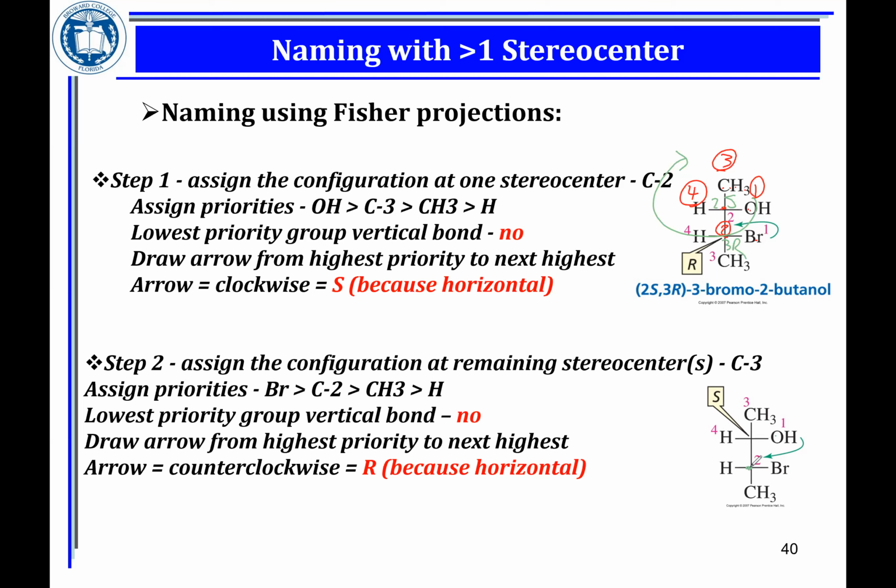And 2 here is going to be 1, 2, and 3, so counterclockwise, hydrogen on the horizontal line, 3 is going to be R. So it is 2S and 3R. We have 2S, 3R and 2S, 3R. These two compounds are the same, and obviously they are a copy of each other. Do we have 3S on the bottom? Believe so. No, I think it's 3R, because it's counterclockwise.